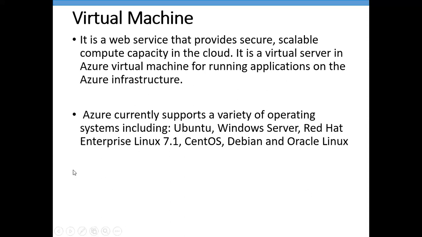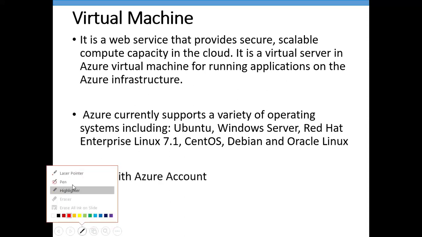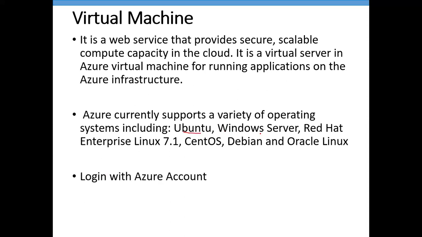Which operating systems are supported in Azure? Here we have Ubuntu, Windows, Red Hat, CentOS, Debian, Oracle Linux. These are a few of the operating systems supported in Azure. With the help of that, we can create our virtual machine.